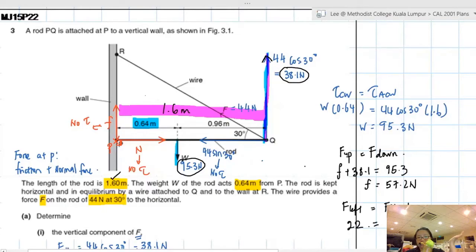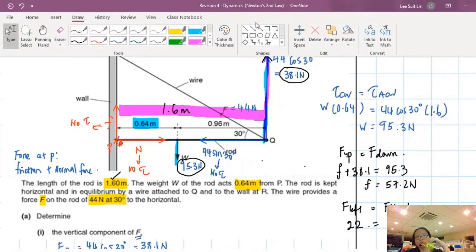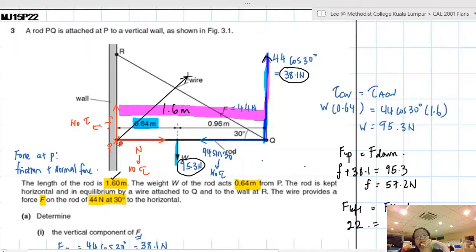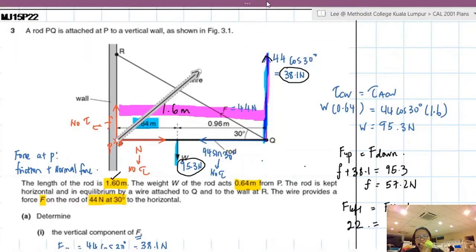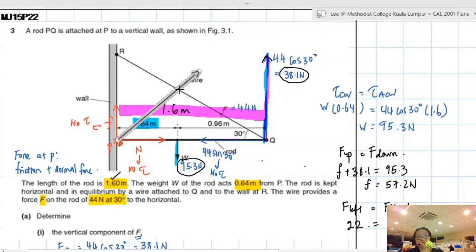If they ask you to find the normal force, it is straight away equal to 44 cos 30, 22. And if they ask you to find the resultant between F and N, it should be 57.2 squared plus 22 squared. And again, you can see the weight, the force from the wire and the force on the wire, and the weight and the normal force plus friction should meet at a point.